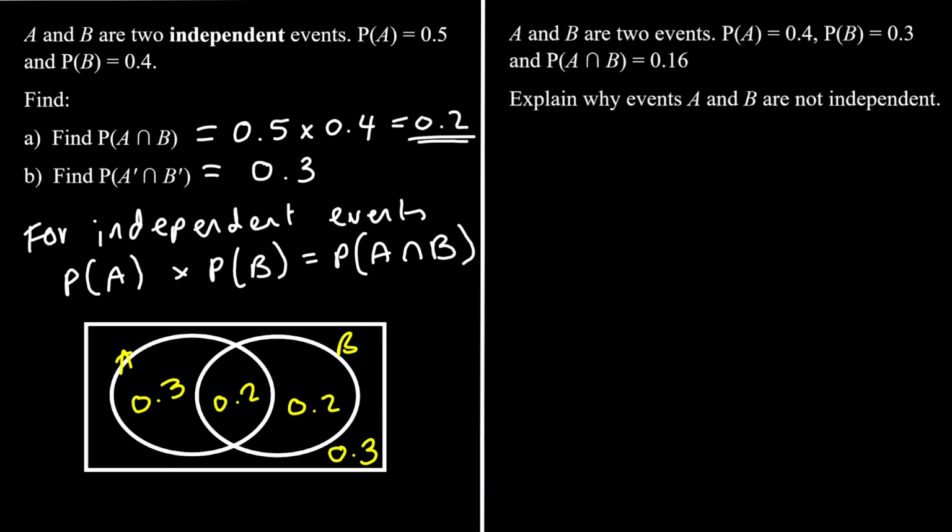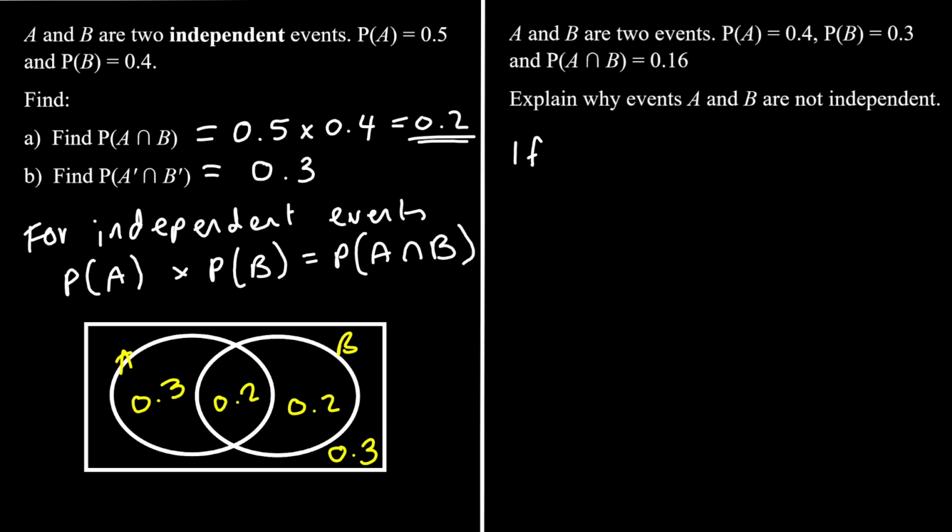One question for you to try. See if you can give it a go. A and B are two events. The probability of A is 0.4. The probability of B is 0.3. And the probability of A and B is 0.16. Explain why A and B are not independent.